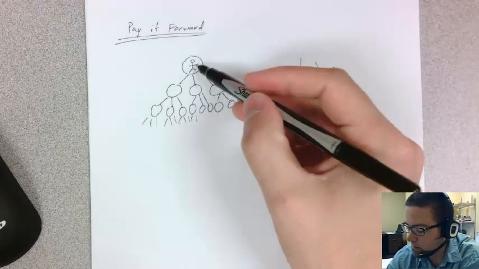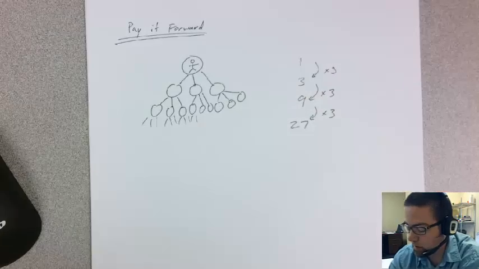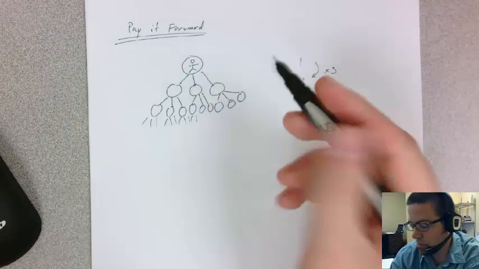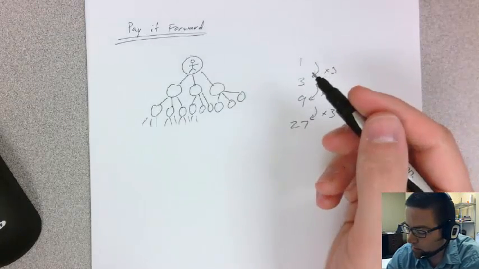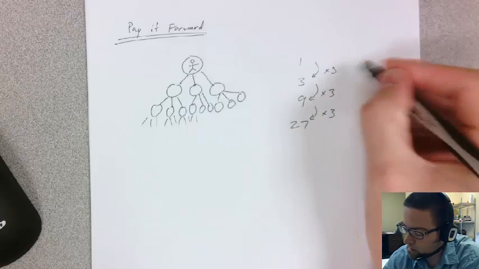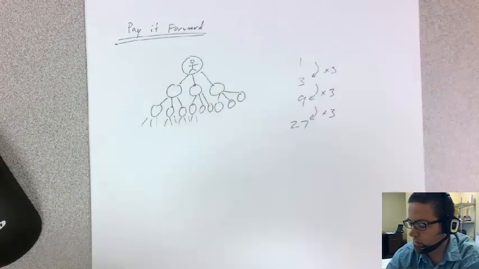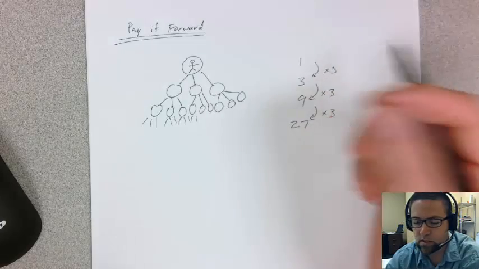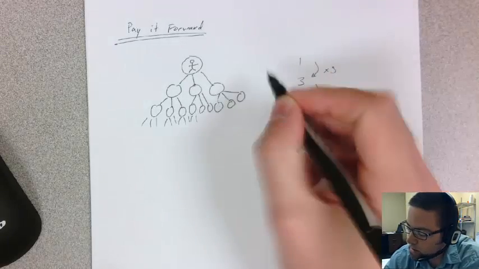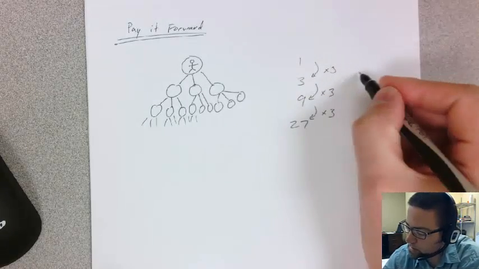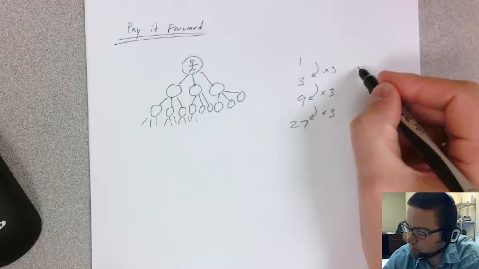Now what Trevor didn't say in the video is how we need to figure out the time it would take for one person to pay it forward, right? So let's just assume that we're going to deal with 1 week, because it is an important thing that you have to do to the person that they can't do for themselves. That's what Trevor said. So let's say it takes 1 week to pay it forward.